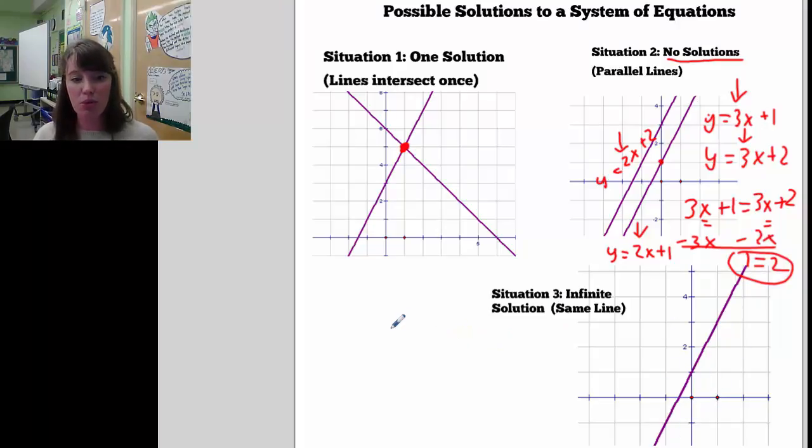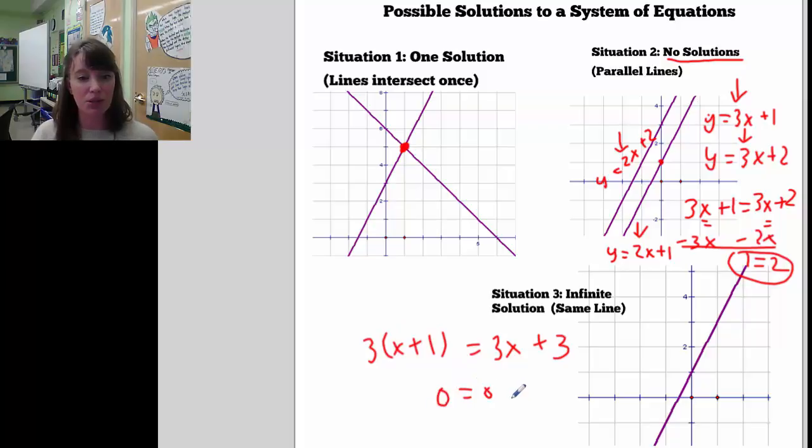We saw this situation before: if you try to solve the equation, they arrive at the true statement that 0 is equal to 0, and we know equations like this have infinitely many solutions. So lines that are graphed and are the same exact line, that system has infinitely many solutions because they meet at every single point on their respective lines, because every point on one line is also a point on the other line. So these are three different situations that can happen when you have a system of equations.